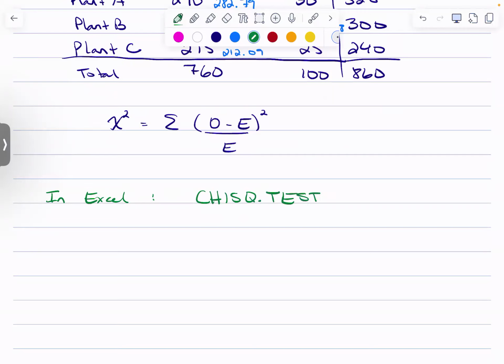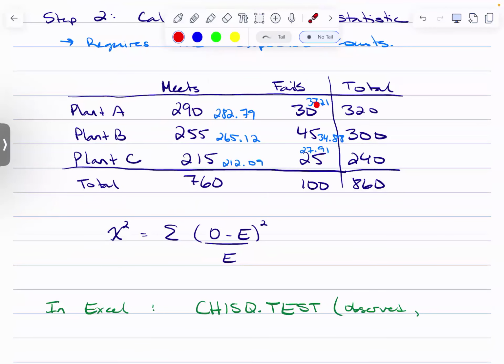So the chi-squared dot test function takes the observed counts, which you would put in a table like this because it needs to know the number of rows and the number of columns to internally calculate the degrees of freedom. And I think it's pretty weird, but we need to give it the expected counts, even though it should be able to take the observed ones and just calculate them.